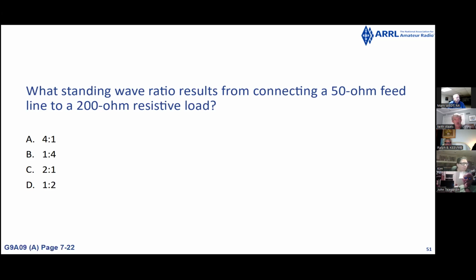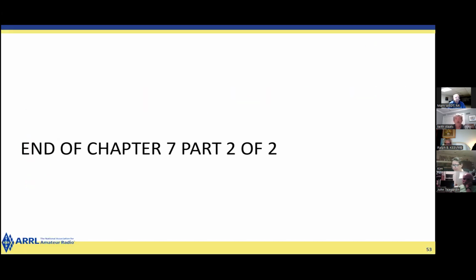Yep. What standing wave ratio results from connecting a 50 ohm feed line to a 10 ohm resistive load? D, 5-to-1. Yeah, 5-to-1. That's it, folks.